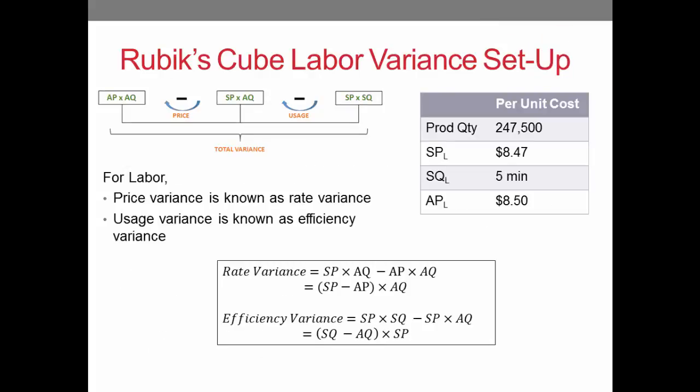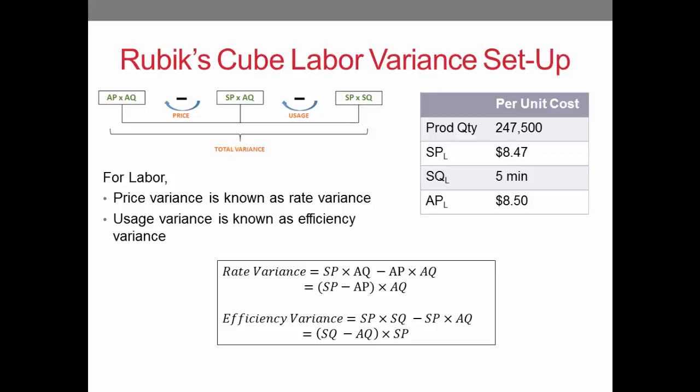So starting again at our table, we have our production quantity. Our standard price of labor is a number that was given to us by a previous video, $8.47. Our actual price is $8.50. Our standard quantity, so time per unit, is 5 minutes.